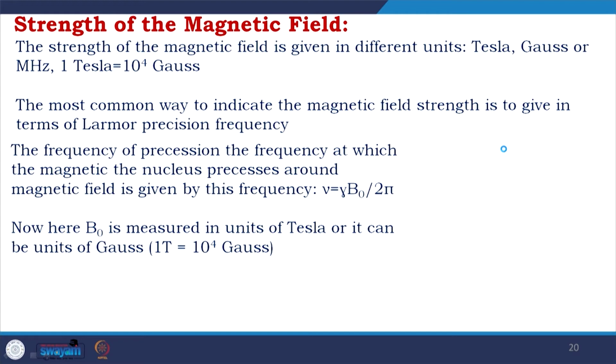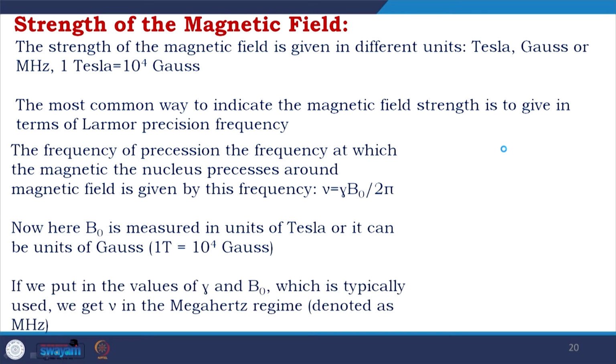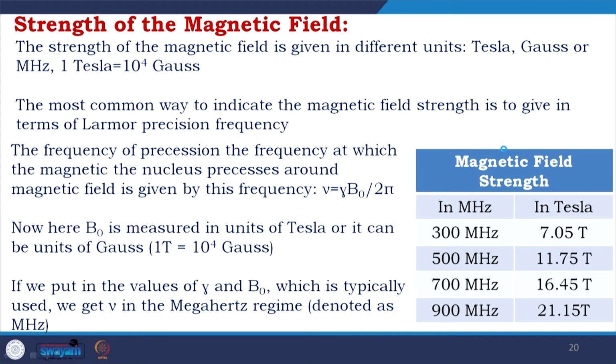Now, here B0 is measured in units of Tesla, or it can be in units of Gauss. If we put in the values of gamma and B0 which are typically used, we get nu in the megahertz regime. So, 7.05 Tesla is actually 300 megahertz, 11.75 Tesla is 500 megahertz, 16.45 Tesla is 700 megahertz and 21.15 Tesla is 900 megahertz.